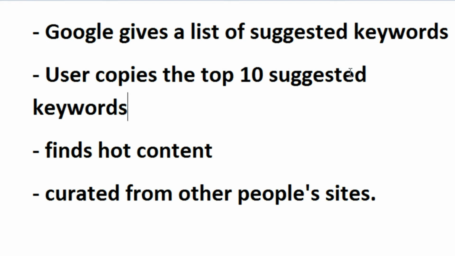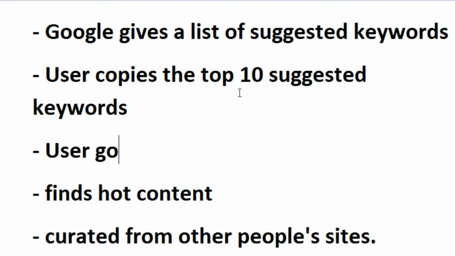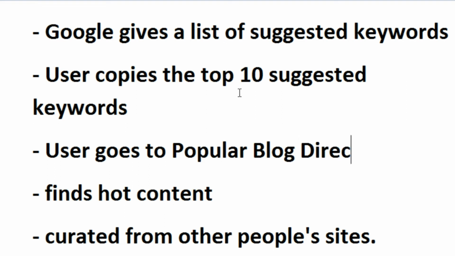User copies the top 10 keywords, and then maybe the user goes to, let's say, Facebook or some blog site, maybe Blogger, or let's say, we'll just call this user goes to popular blog directory.